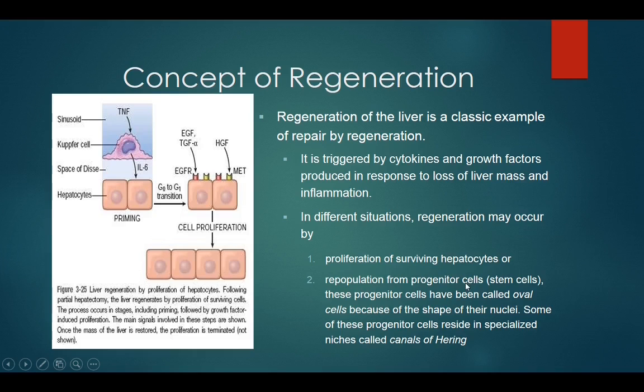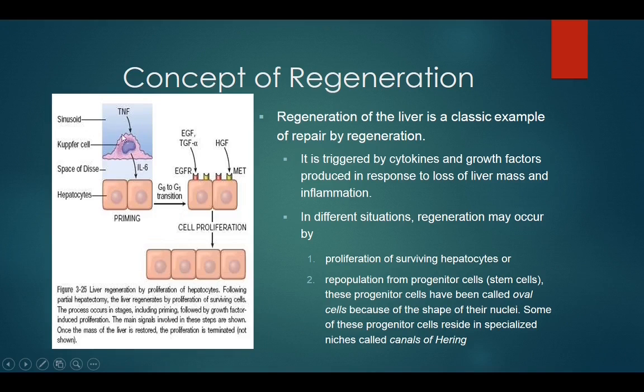There are some stem cells in the body which will try to form the lost part of the liver. These progenitor cells are called oval cells because of the shape of their nuclei. Some of them reside in specialized niches known as canals of Hering, which are present in the liver and give rise to the stem cells that regenerate the lost part of the liver.